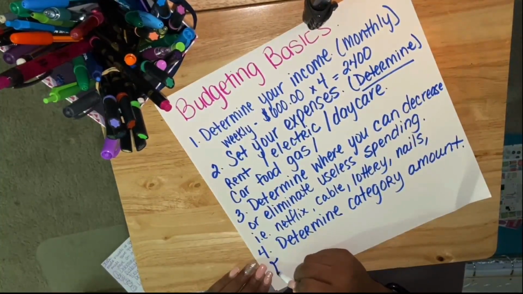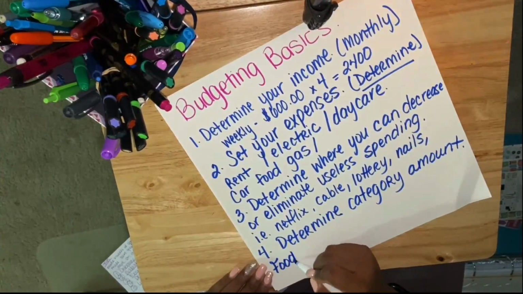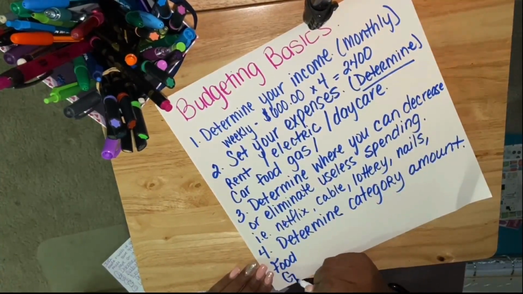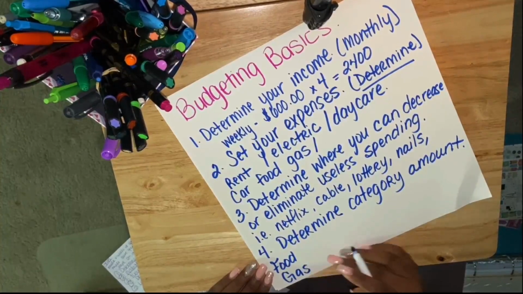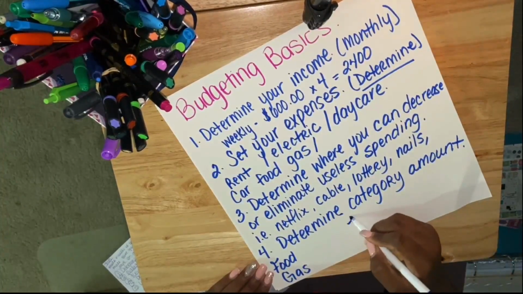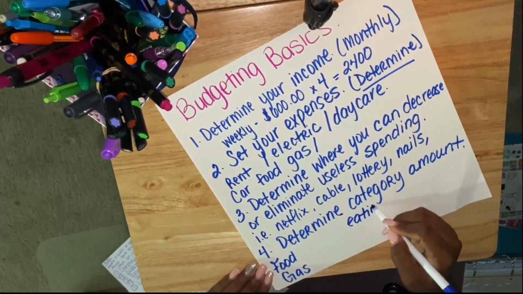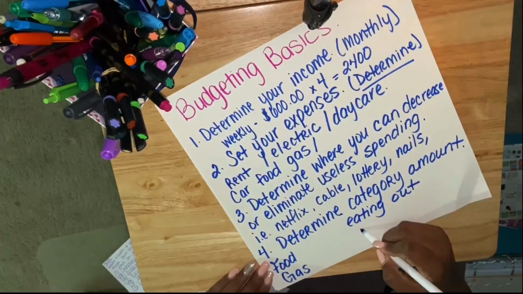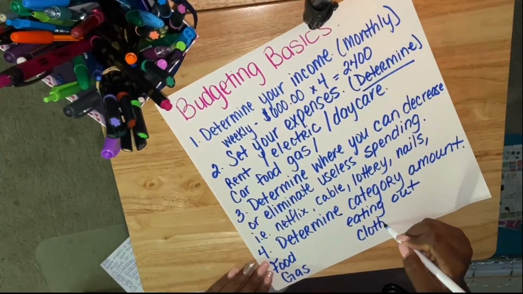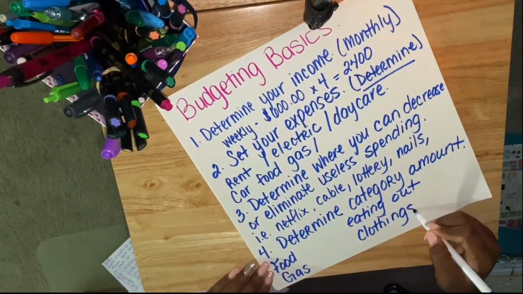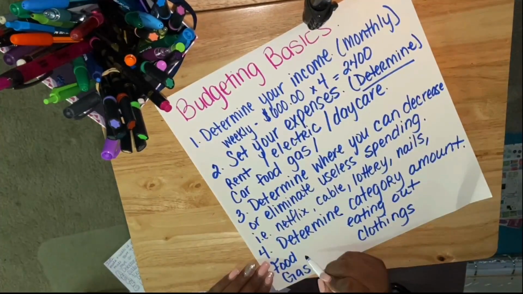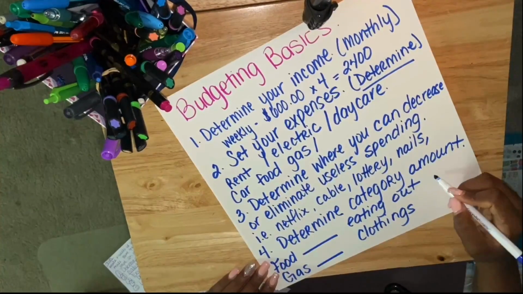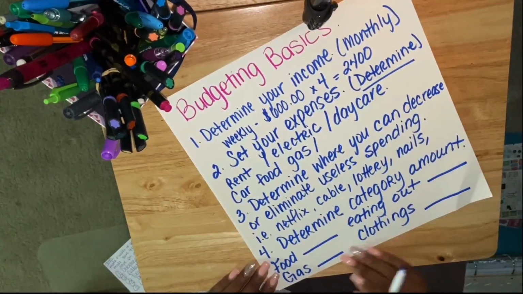For instance, your food and your gas, and that may be eating out or clothing, things in that nature. So you will set aside a certain amount you will try to budget for each month.